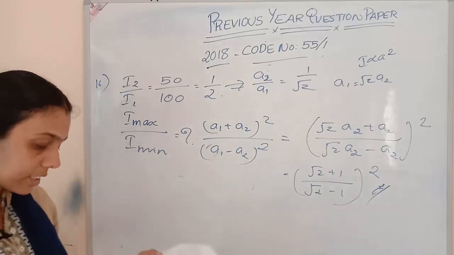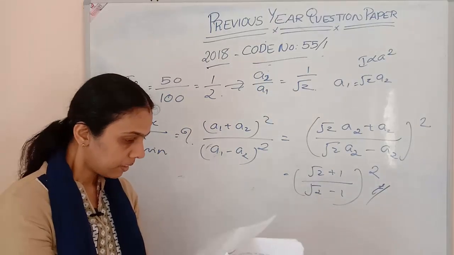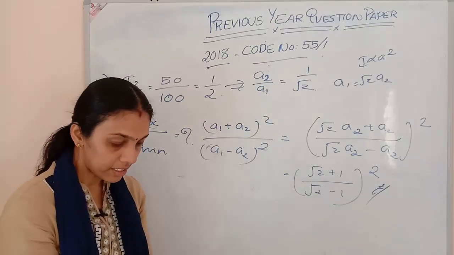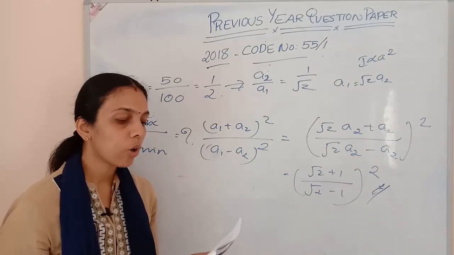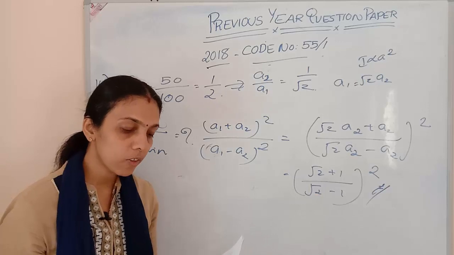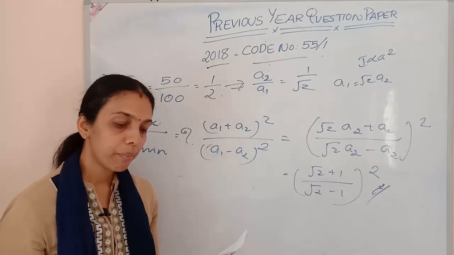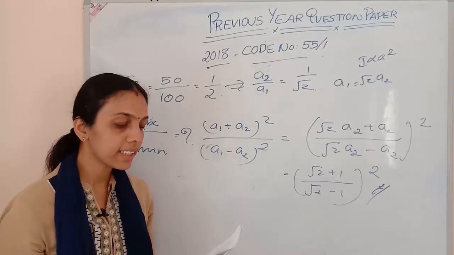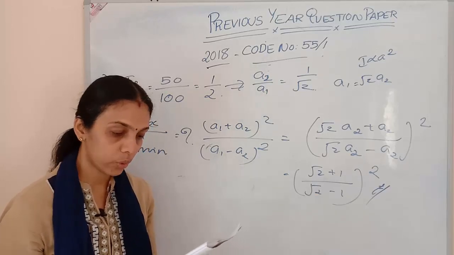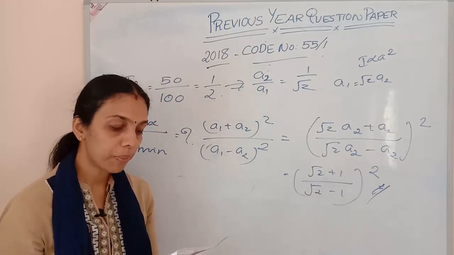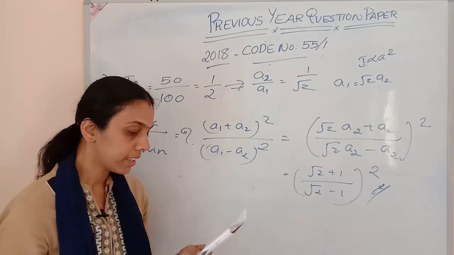Okay, so the next one is the 17th one. A symmetric biconvex lens of radius of curvature r and made of glass of refractive index 1.5 is placed on a layer of liquid placed on top of a plane mirror as shown in the figure.